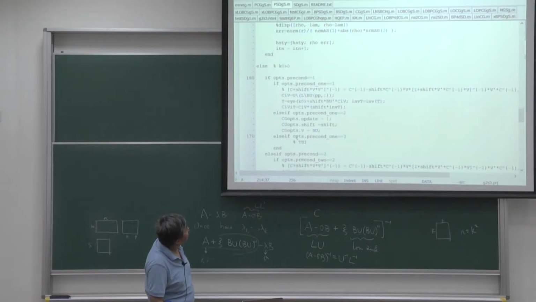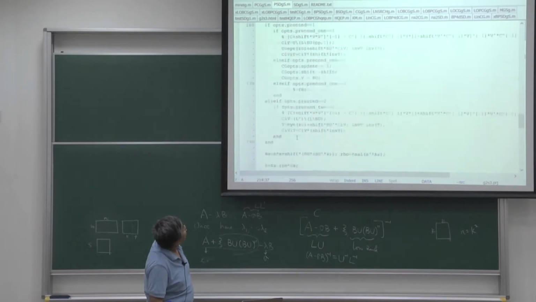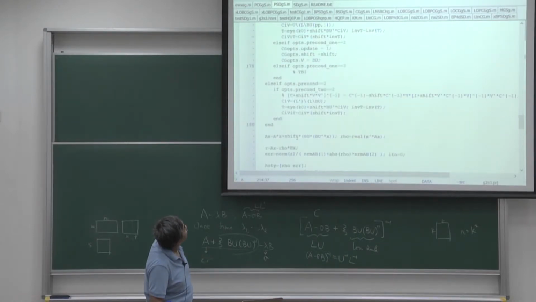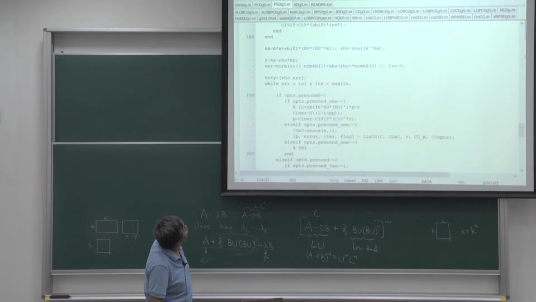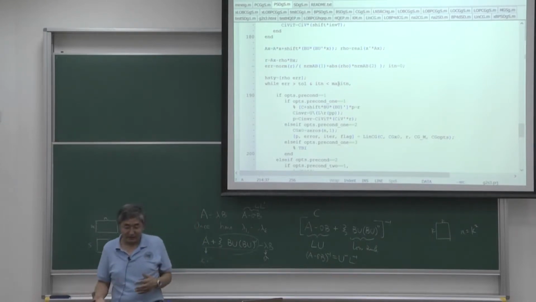When you solve the preconditioning, this is the beginning. Inside the loop, while the error, which is a residual, is bigger than the tolerance and the iteration number is less than a number you set, so it doesn't run forever.